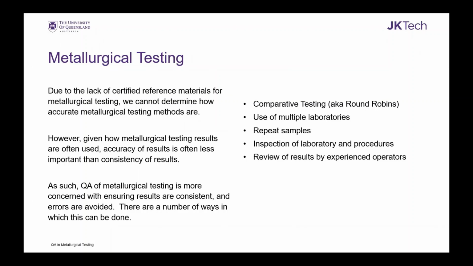So what can we do? We can't use the techniques that a chemist or a physicist would use to get the accuracy of their results. And also, how much of an issue is that? Given how metallurgical testing results are often used, there can be a good argument that the accuracy of the results is probably less important than the consistency of the results.